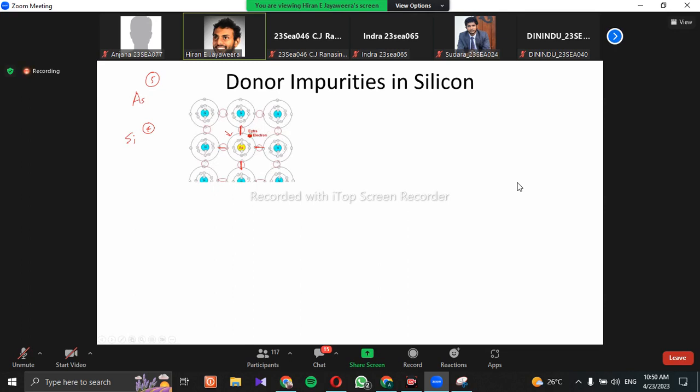So this electron works as a free electron, an extra electron in the system. So in the silicon lattice, you can have thermal hole-electron pairs plus additional electrons coming because of this doping. So these electrons act as free electrons in the system.